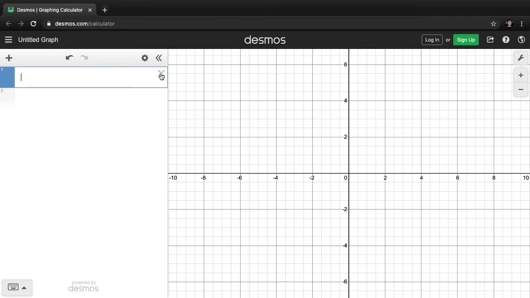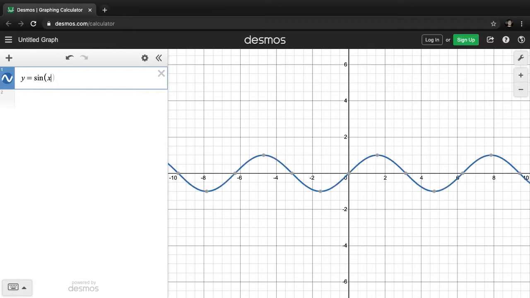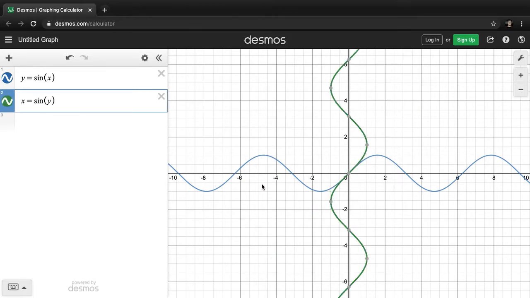All right, because if you think about sine, that's the sine function. Now, what the inverse function does is it switches the x's and y's, if you remember finding inverse functions. And so if I were to switch the x's and y's, I would set x equal to the sine of y. I've now got this green curve. But the problem with this green curve is that it is not a function.